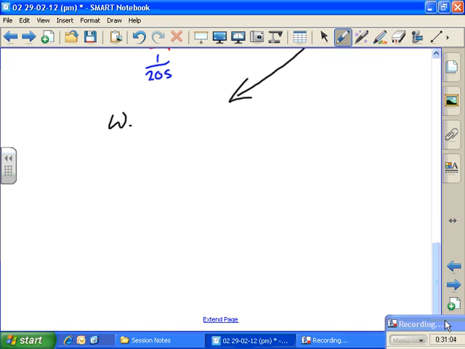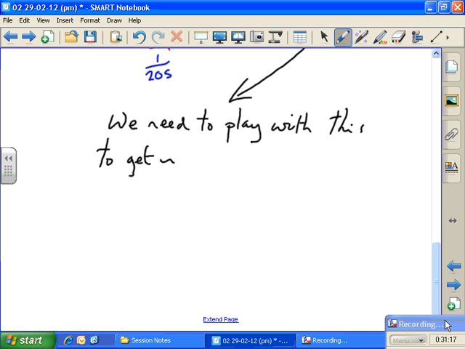We need to play with this to get it into a usable form. And when we've gone through this example, and I'll show you the steps, you'll hopefully see. In other words, we need to simplify it.